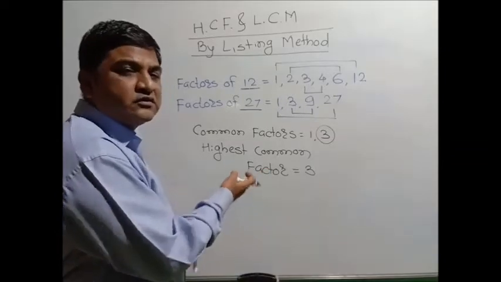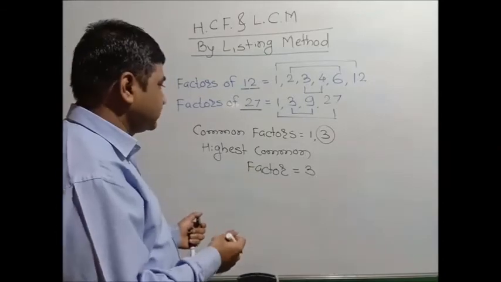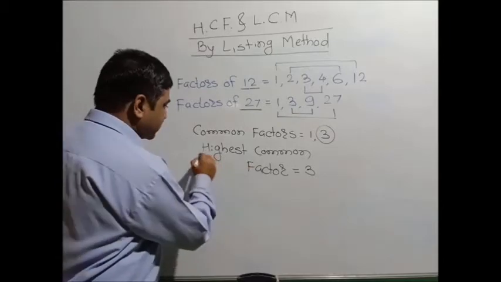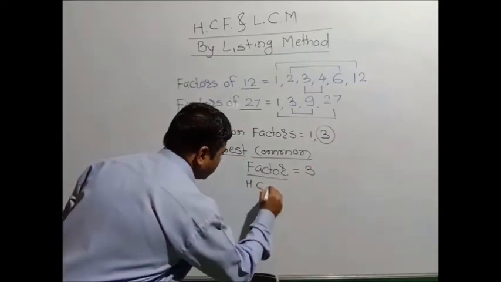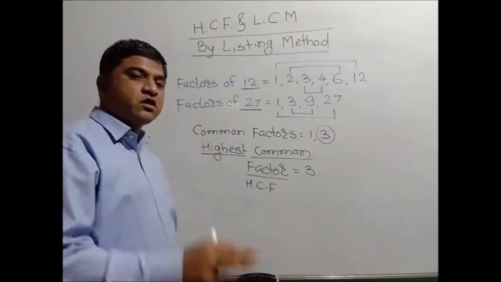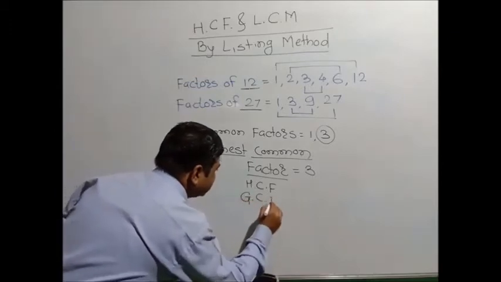So see, this is the use of finding the factors in real life, and what we get is the highest common factor. In short, we write this highest common factor as HCF. This is also known as the greatest common divisor, which in short is written as GCD.